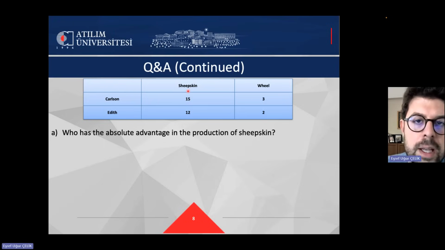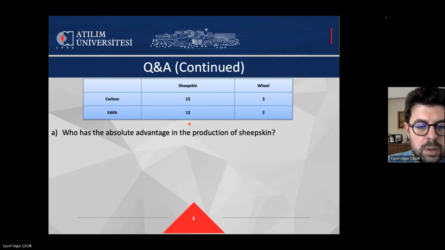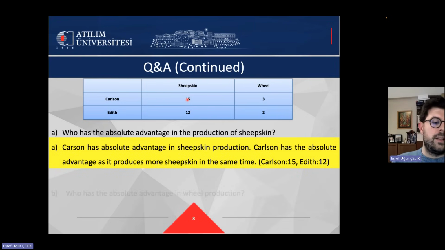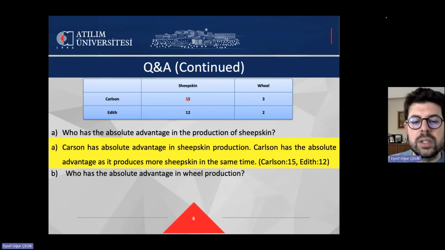What can I say? In the absolute advantage, we can compare the production level for all producers. So Carson produced 15, Edith produced 12 for sheepskin. That means that Carson produced more sheepskin than Edith, so Carson has absolute advantage on sheepskin. Okay. What about the veal production?